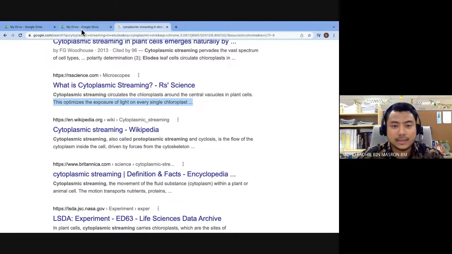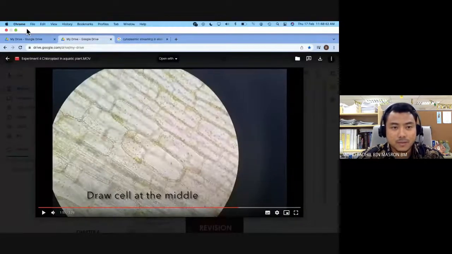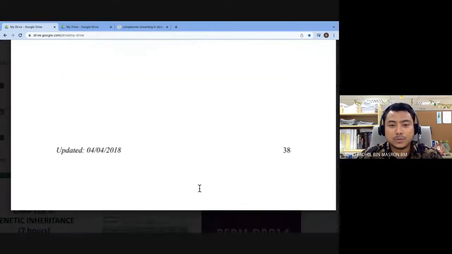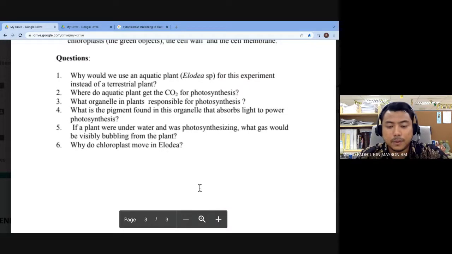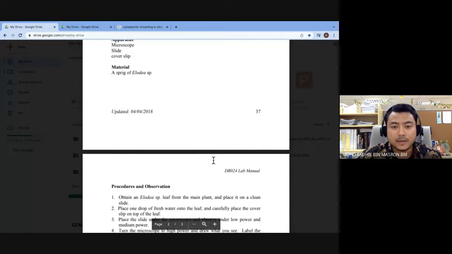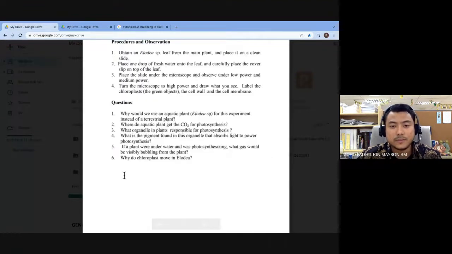Okay, so I think that is pretty much for this session. So again, for the lab report, I require you guys to write a full lab report, handwritten, tak mau type this time, because I need you guys to have a good practice on this one. And also do remember, last but not least, after you have answered this question, you must include your references.